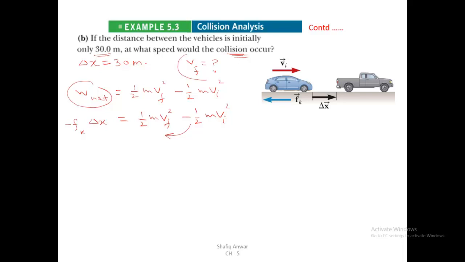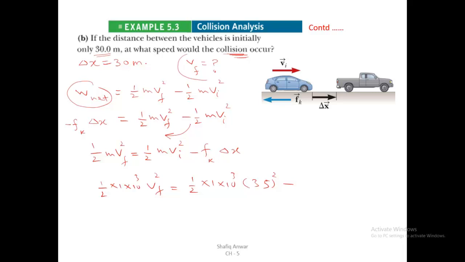So on one side you will be having half m Vf square, and the other side half m Vi square minus force of friction, how much?